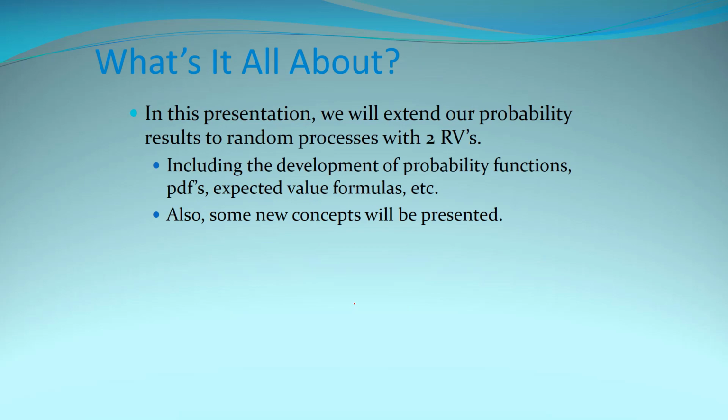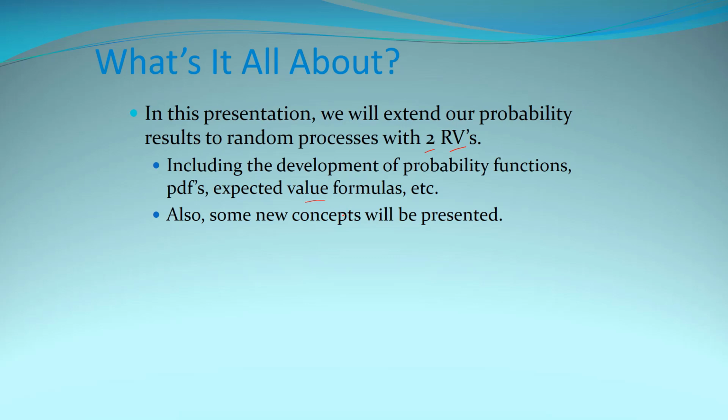So in this presentation, we're going to extend our probability results to random processes with two variables. We're going to include probability functions, probability density functions, expected value formulas, and so forth. We'll extend what we've done already on one axis, one dimension, so we can talk about two different variables at once.